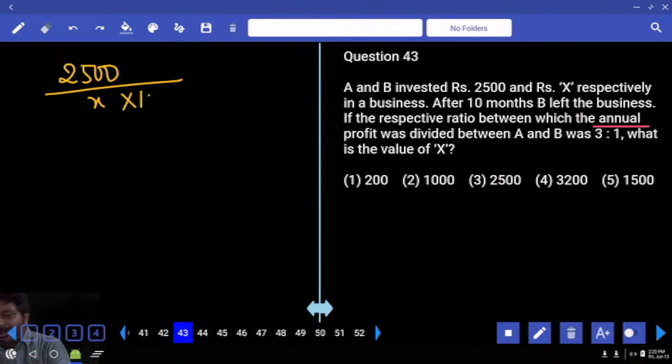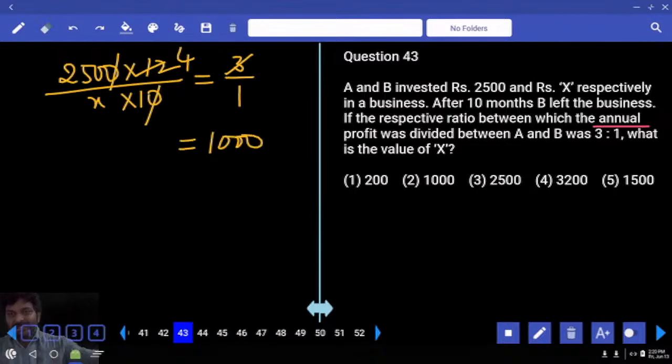B left after 10 months. There is no time period mentioned in the question with respect to A. So A will be there from the beginning till the end, 12 months. And the ratio mentioned as, first of all, 0, 0, cancel. 3, 4 times. 4, 250 times 1,000. X is 1,000.